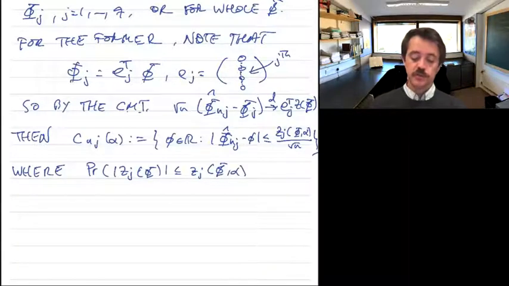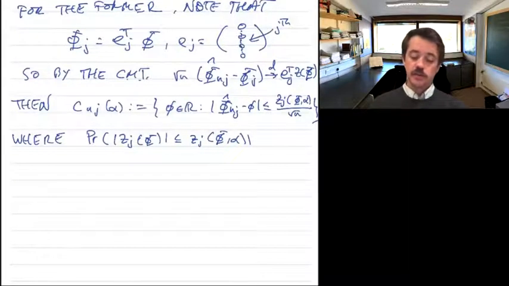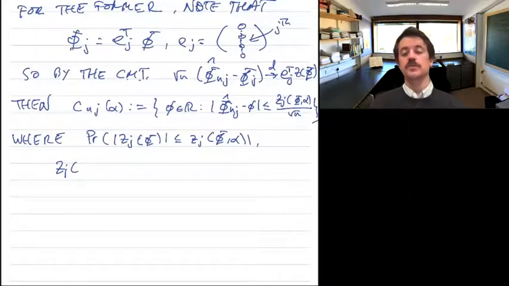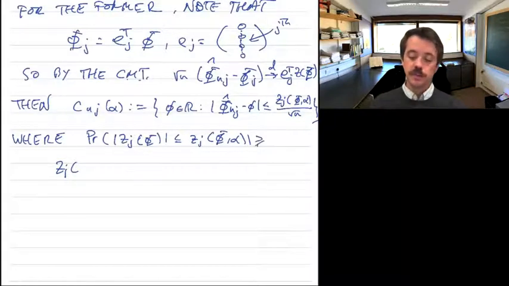So this guy on the right-hand side is non-random, while the guy on the left-hand side is just some random variable, which is the one we're considering above.